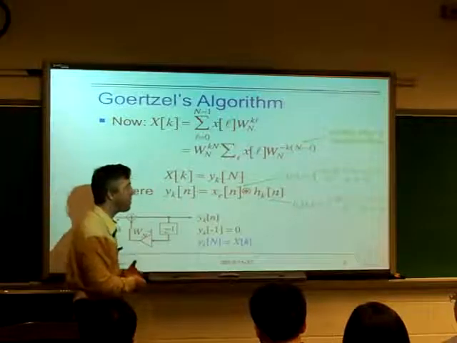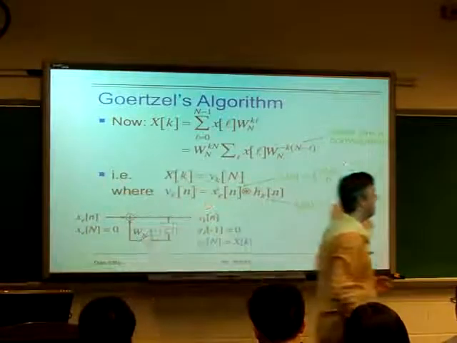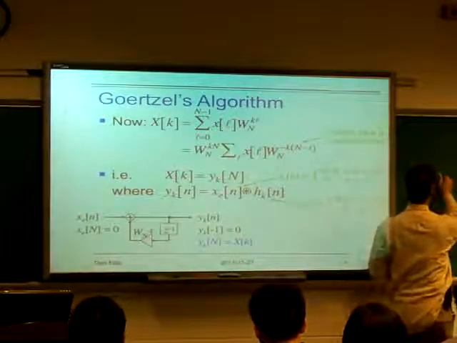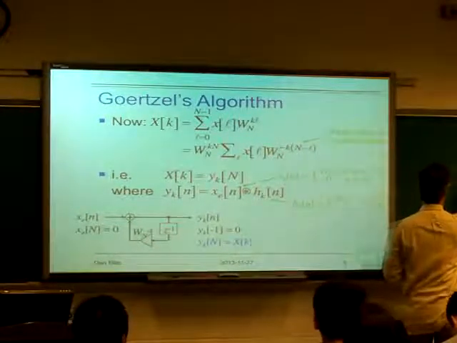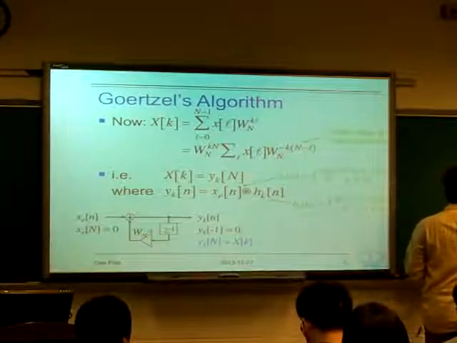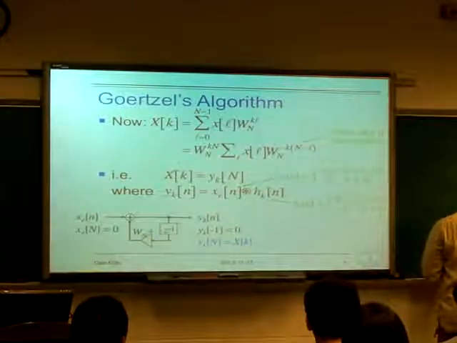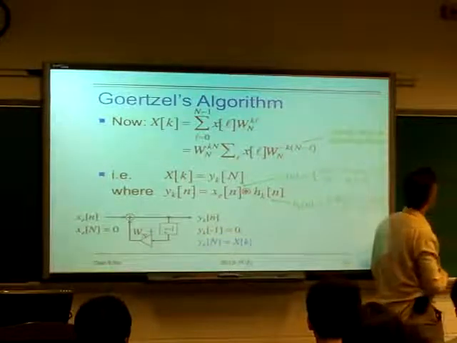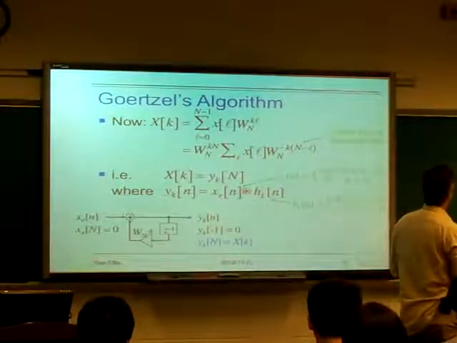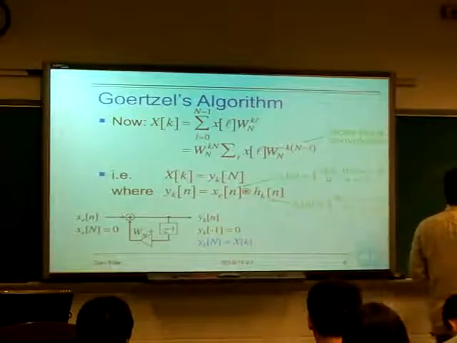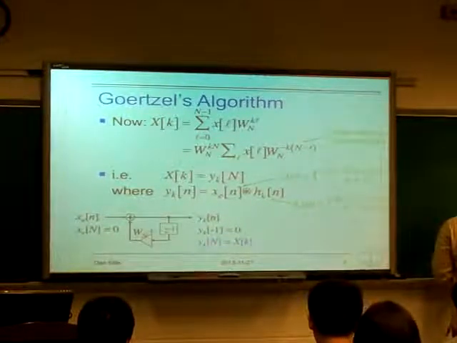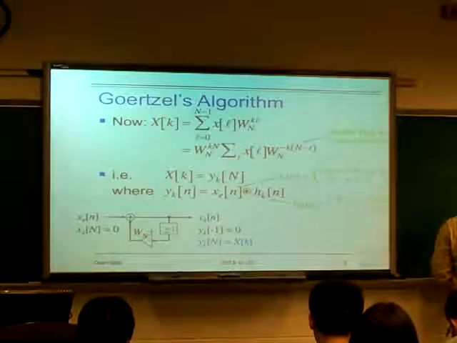So you can imagine our filter is something where we put in x of n, we have some thing here, and we get out y of n. In general, we get one value out for each value put in. But now I'm having this particular box such that at some particular time, I get a value that I want here.